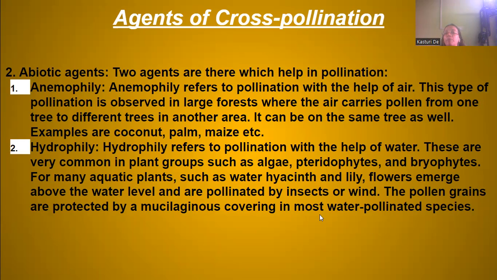If the flowers are above the water level, they will be pollinated by wind or insects. But if they are inside the water, then water will be the pollinating agent. In the hydrophilous condition, the pollen grains are covered by a mucilaginous covering.